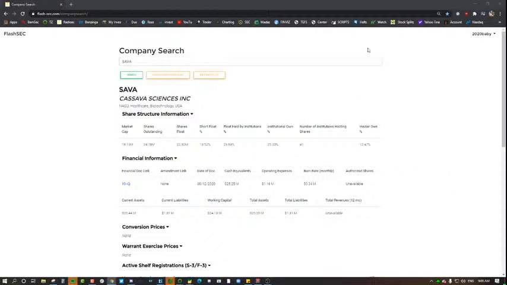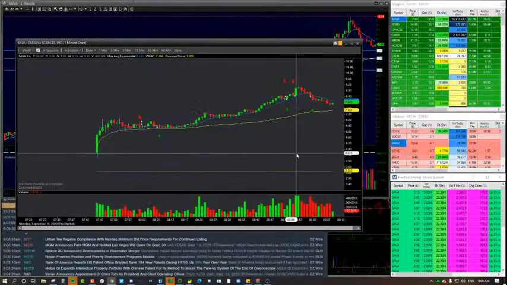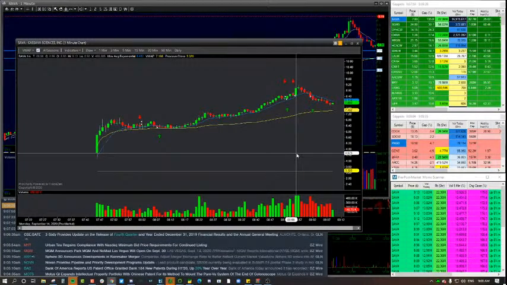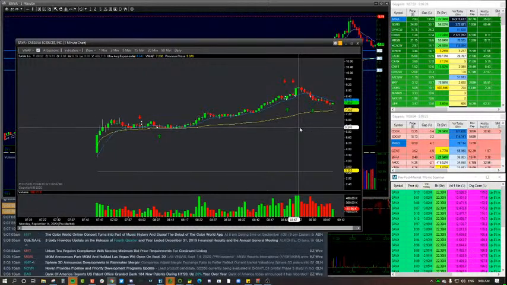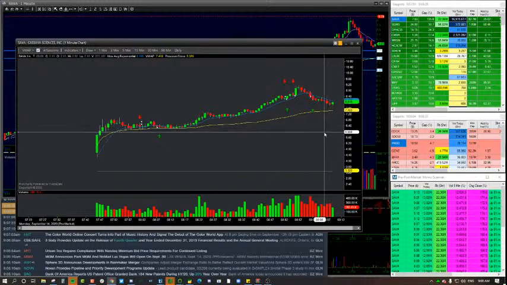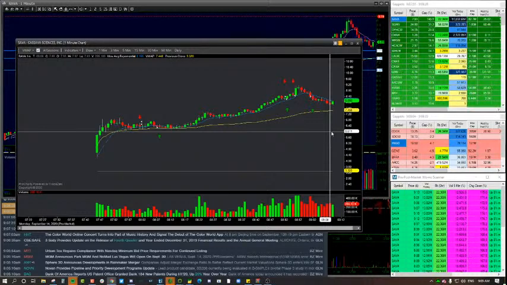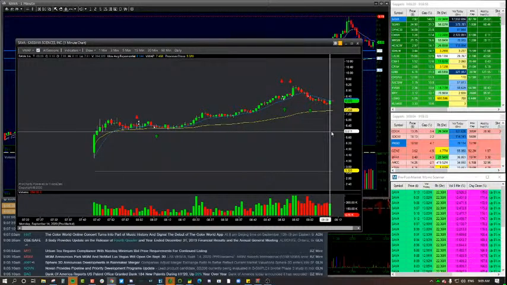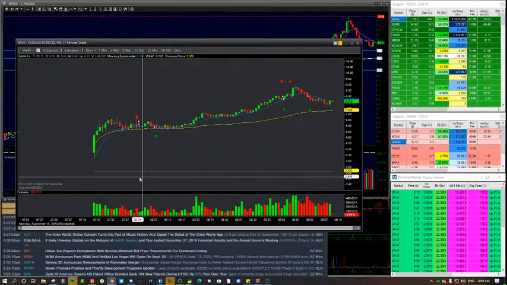So let's say they cannot offer more than 75 million dollars worth of stock if the price is not above $6. I'll show you how you calculate that. You need to get the true float number and stuff like that. If the price is not above $6, they cannot sell more than $75 million worth of stock. So what the manipulators do is they push it.